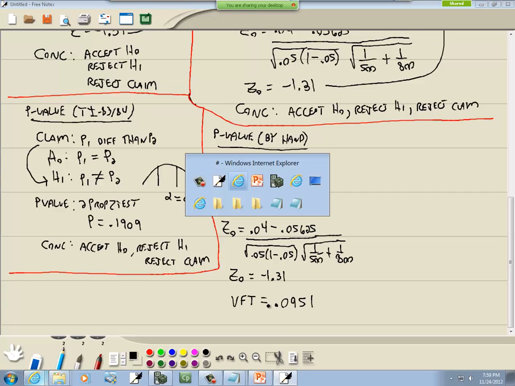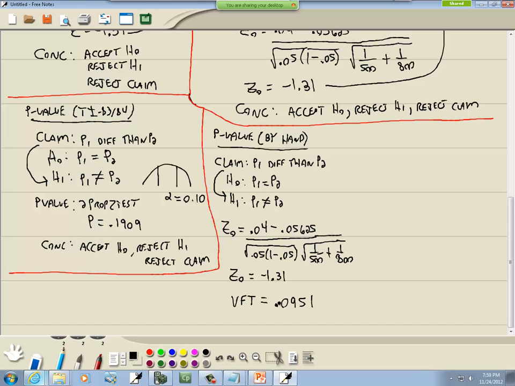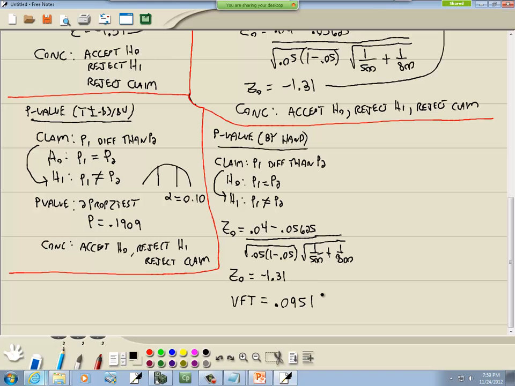Okay, this is two tails. So if I come over here, I go down two tails, and it says if the value from the table is less than or equal to 0.5, p-value is 2 times that. So P is going to equal 2 times the table value.